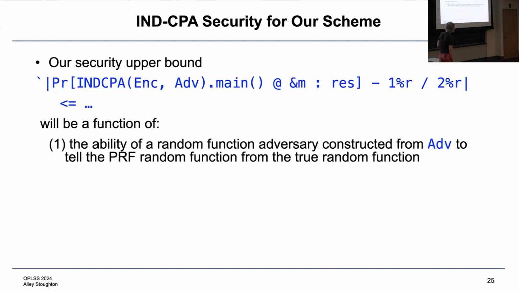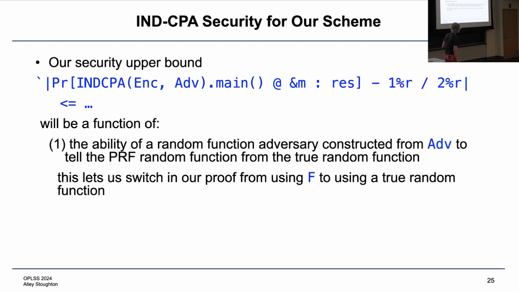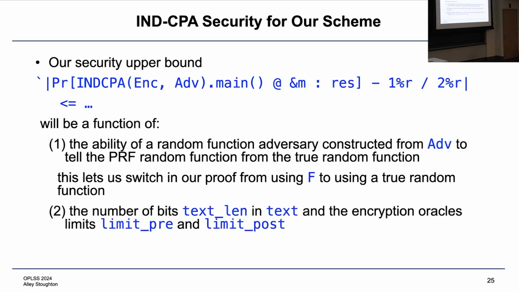And we'll see why, but the intuition here is this is going to let us switch in our proof from using F, which we don't understand, to using true randomness, which we have a complete model for. And so that's why that's going to be part of the upper bound.